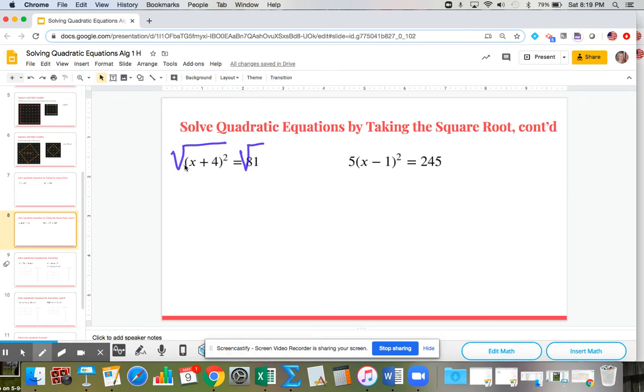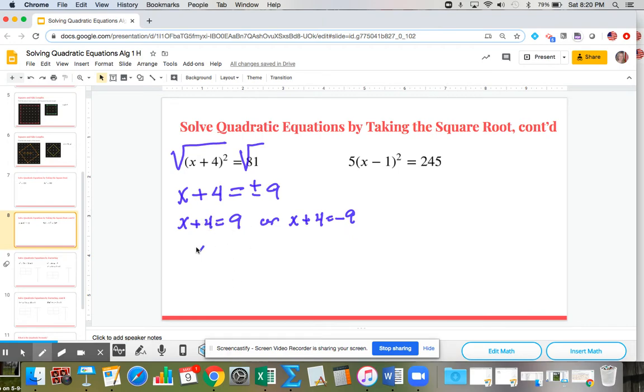And the square root of x plus 4 quantity squared is x plus 4. The square root of 81 in this case is plus or minus 9. So this means I have two answers. We can say x plus 4 equals 9, right? That's one. Or x plus 4 equals negative 9.